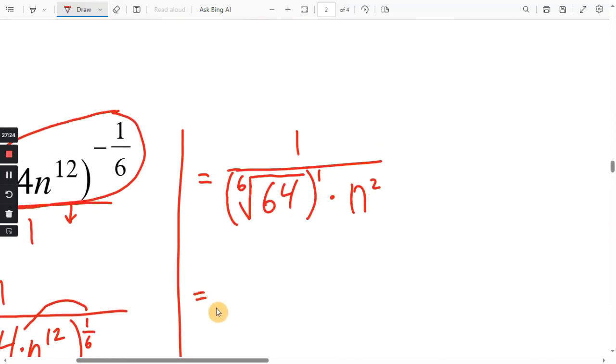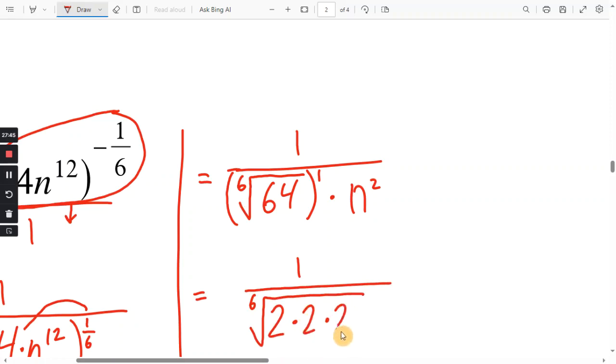We can ignore the 1, that does nothing, but what multiplied 6 times will give us 64? We keep the 1 in the numerator, and I'm going to put the radical symbol with the 6 outside. And 64 is actually the same as 2 times 2 times 2 times 2 times 2 times 2, 6 times.